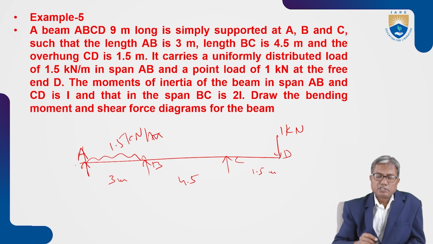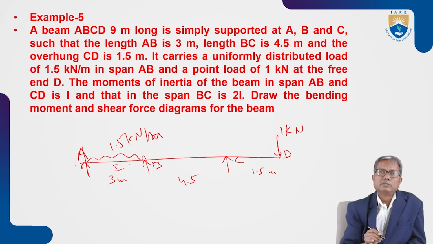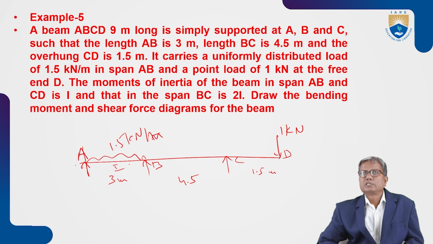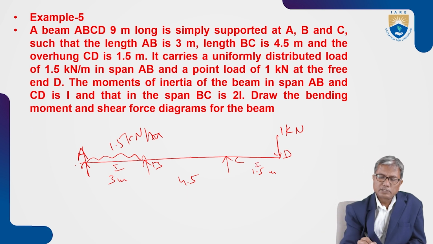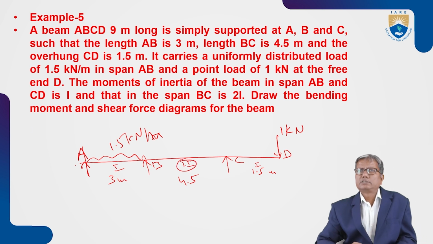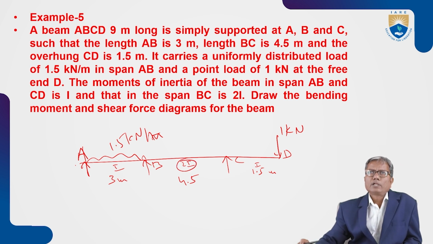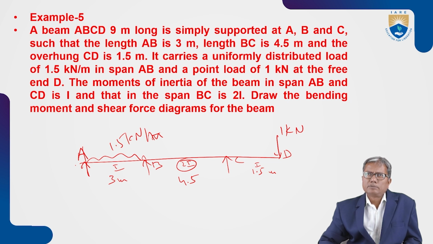Okay, the moments of inertia of spans AB and CD are I and that of BC is 2I, double that of AB. So draw the bending moment and shear force diagrams for the beam. Okay, so the procedure is very much similar.